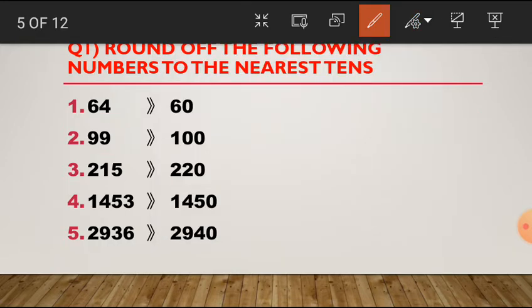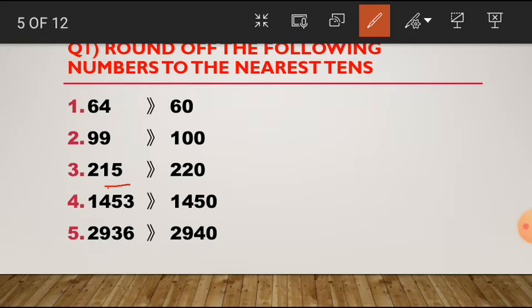Now look at the next one, 215. You don't have to worry that a bigger number is given here. You just look at the ones digit. If the question is asking to round off to the nearest tens, then you just look at the digit in the ones place. Got it? So here the ones place digit is 5, isn't it? According to the rule, if the digit 5 comes, what to do?